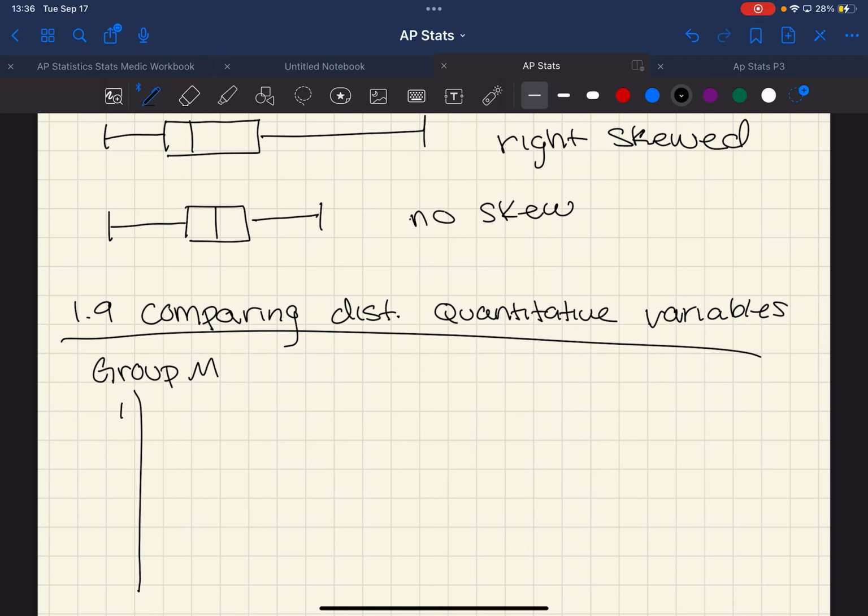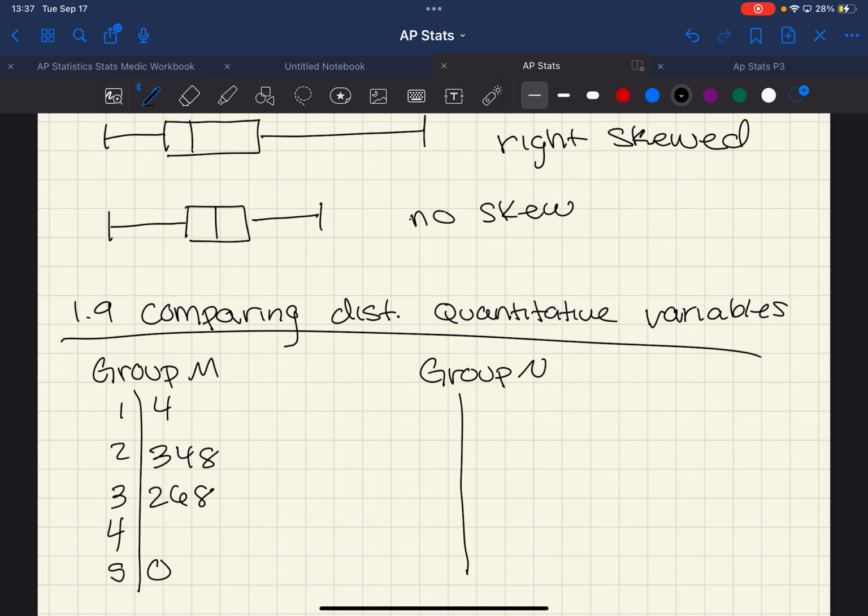So we have 1, 2, 3, 4, 5, 4, 3, 4, 8, 2, 6, 8, nothing on the 4, and then 0. And then group N, I have 1, 2, 3, 4, 5, 6, 0, 3, 6, 5, 1, 4, 7, 2.